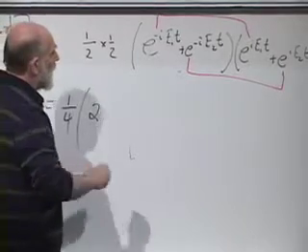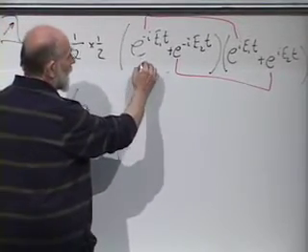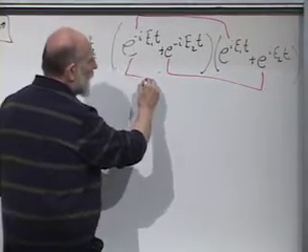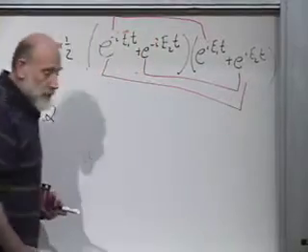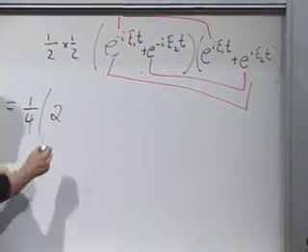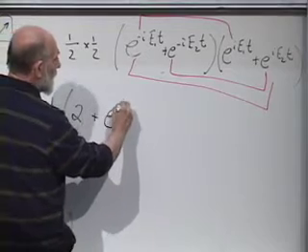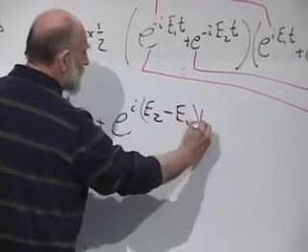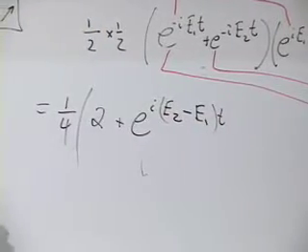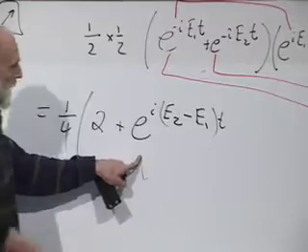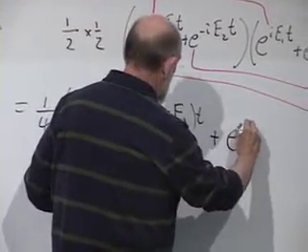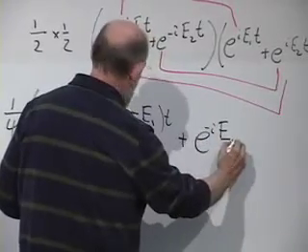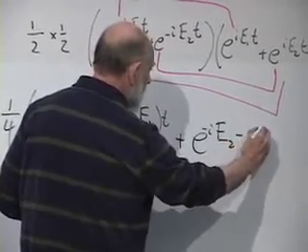They're e to the minus i E1 t times e to the plus i E2 t. So that's e to the i (E2 minus E1) t. And the other term is simply the complex conjugate of this, plus e to the minus i (E2 minus E1) t.